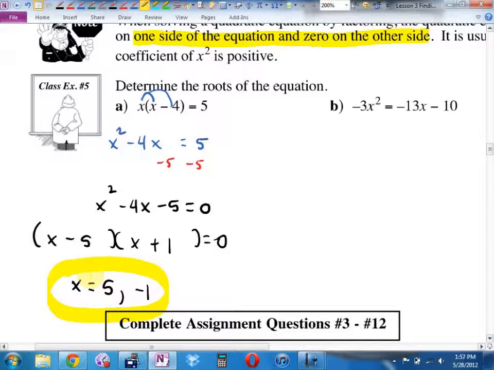Factor it. Find the roots. Go. No GCF. Oh, but this is a nicer one. There's nothing in front of the squared term. What'd you get for the roots?